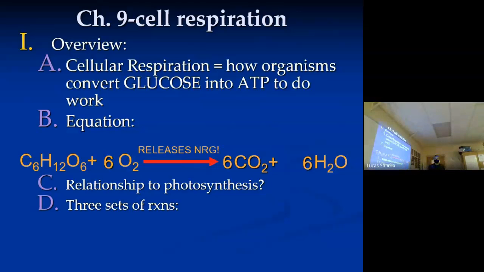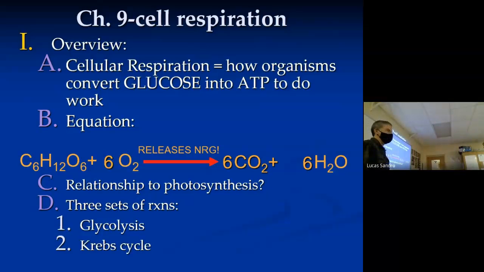And they are called glycolysis, where glucose is actually split in 2. Then you send the 2 pieces of glucose through a process called the Krebs cycle, where they get broken down even further back into carbon dioxide, and that's where the carbon dioxide comes from.